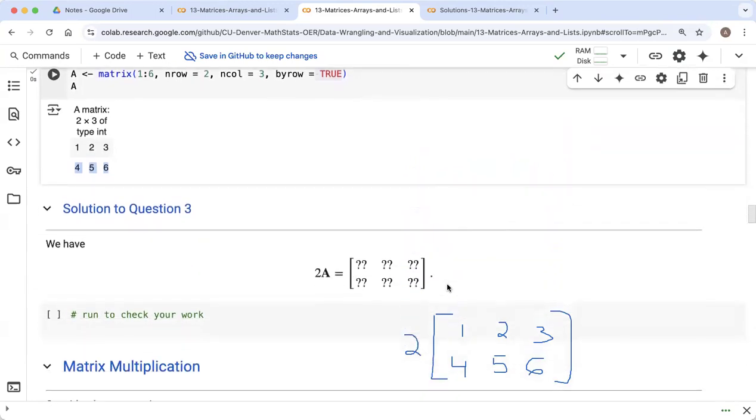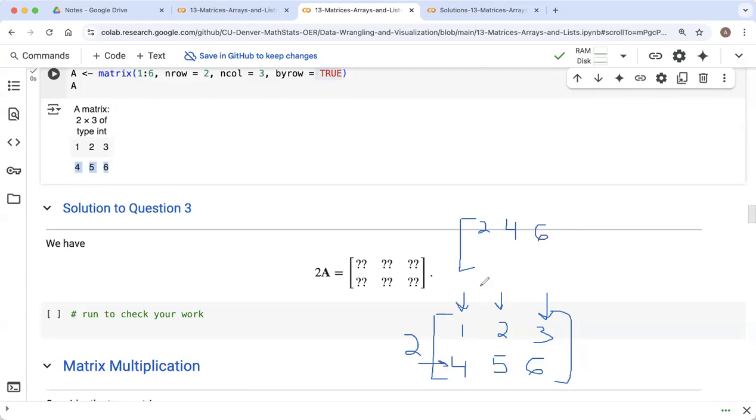So what we do to calculate this matrix, the scalar multiplication, is I would take 2 and multiply each of these elements by 2. So the result over here would be 2 times 1 is 2, 2 times 2 is 4, 2 times 3 is 6. And I just do this for every element in the matrix.